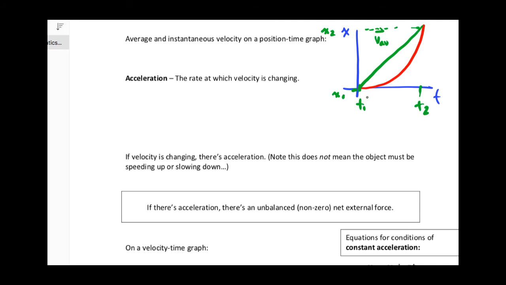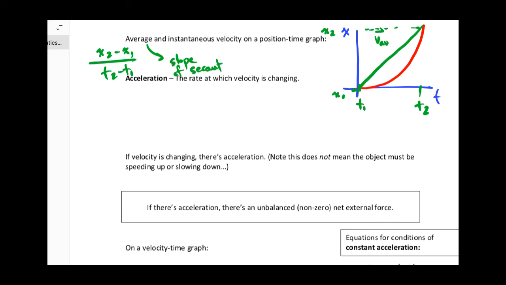And I want to know t2 minus t1, that becomes the run of this line. So again, x2 minus x1 over t2 minus t1 is going to give me the slope of that line. And so the average velocity is the slope of the secant.